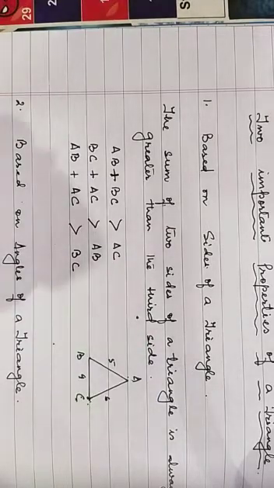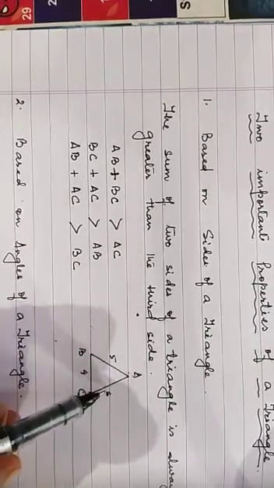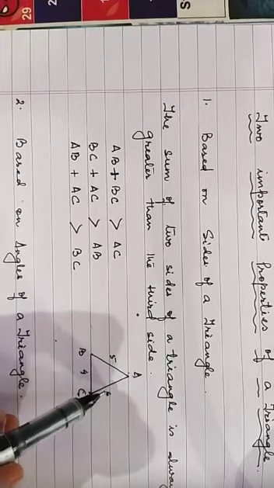If the sum of the two sides of the triangle is not greater than the third side, then a triangle cannot be formed. A triangle can only be formed if the sum of the two sides of the triangle is greater than the third side.